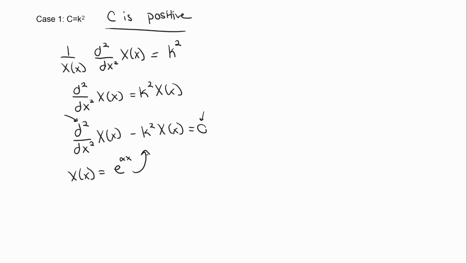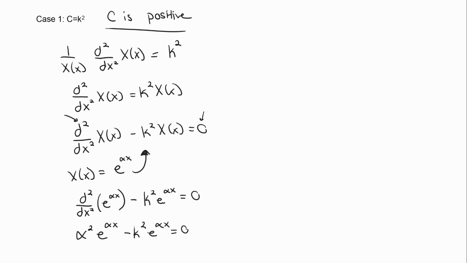So if we plug in e to the alpha x, we'll see that the second derivative of e to the alpha x minus k squared e to the alpha x is equal to 0. When we solve for this, alpha squared comes out in front because two derivatives of e to the alpha x give alpha squared times our original function, minus k squared e to the alpha x is equal to 0.